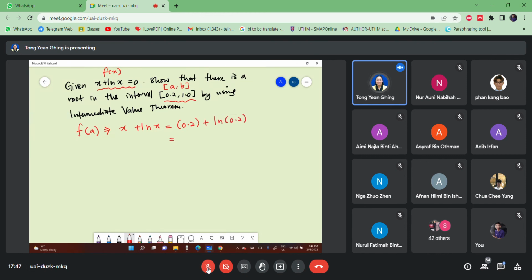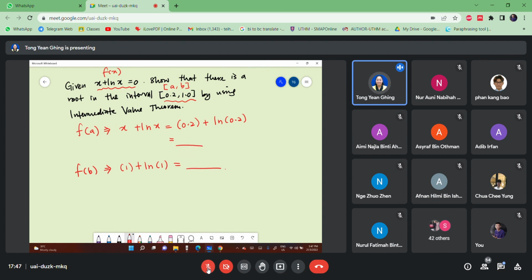So what do we get? And then f(b), that means I substitute b as 1, substitute x with 1. 1 plus ln 1 is how much?